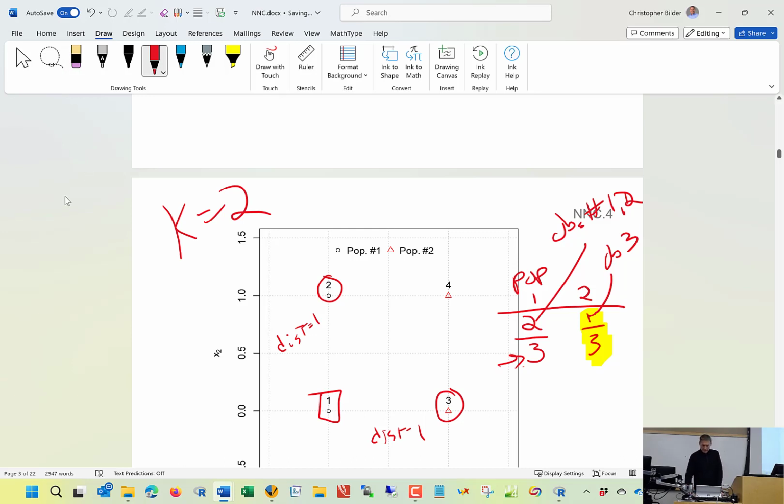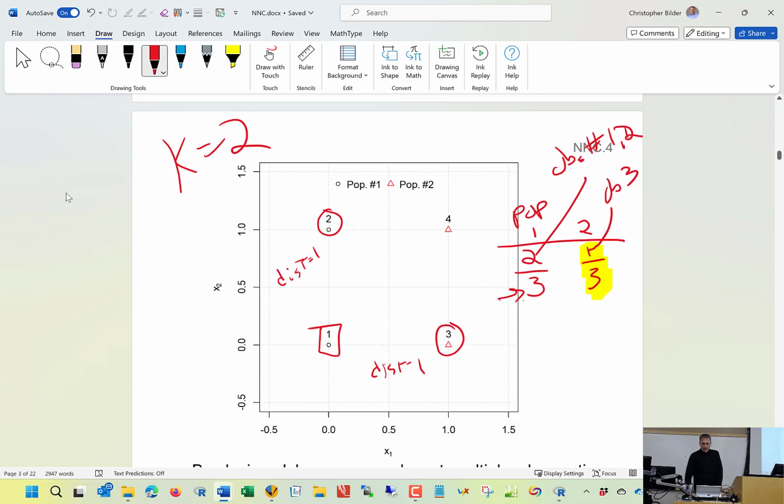And I thought that one should also be observation 3 and 4 for group 2, since the distance is the same. Now, the distance between 1 and 4 is not 1. It's actually 1.4. And so that is a particular case where we have a little bit longer distance. So that's why observation 4 was not in that group.